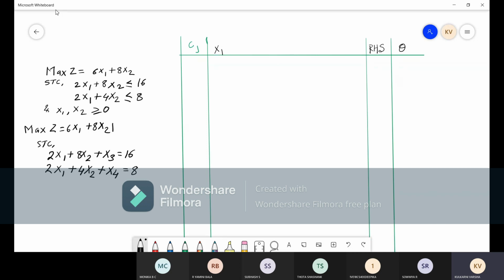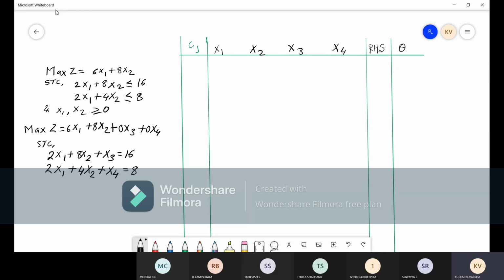And now here we'll write our objective function with 0x3 plus 0x4, right? And then the non-negativity constraints: x1, x2, x3, x4 all should be greater than or equal to 0. So as usual, we need to convert, we have to change the inequalities to equalities, and then we need to start.